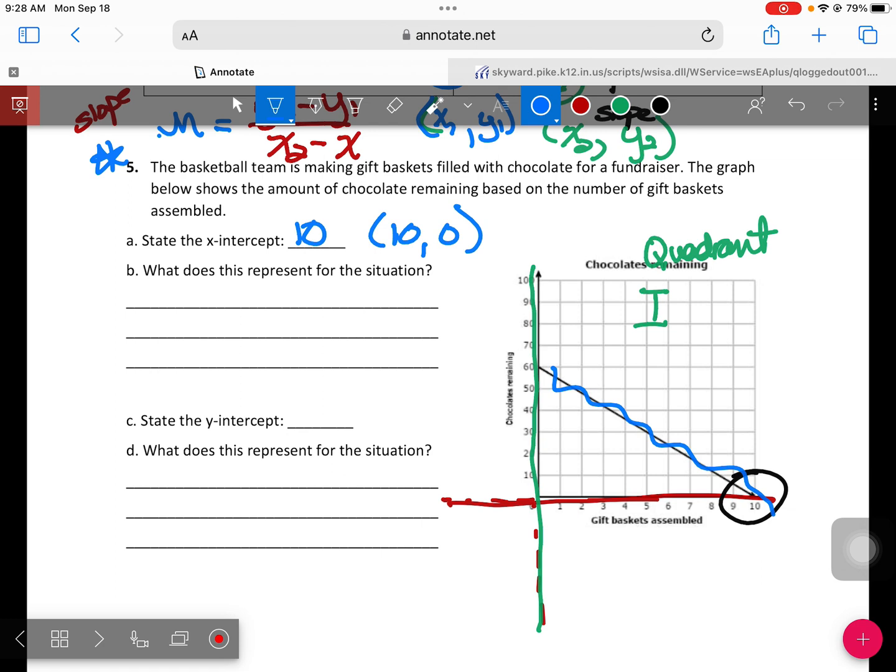And the y coordinate is chocolates remaining. Chocolates remaining. So I need to talk about what that means in this situation. What does the x-intercept mean in talking about gift baskets and chocolates? Isaiah. 10 gift baskets are assembled for the fundraiser.